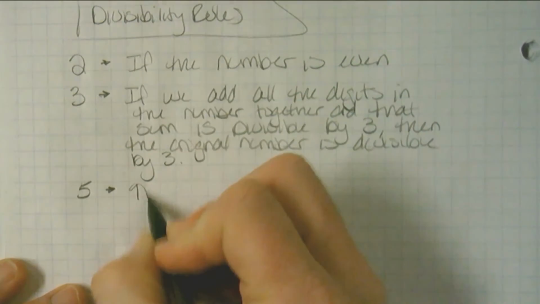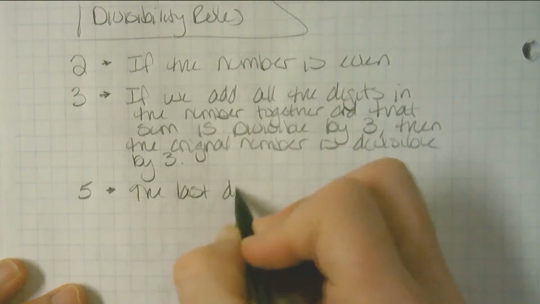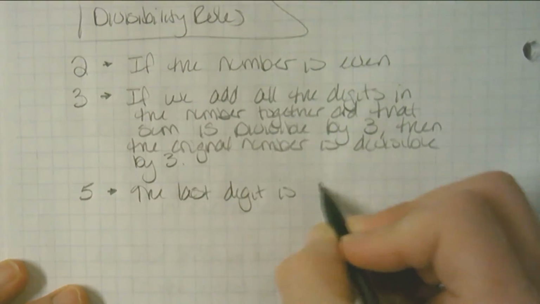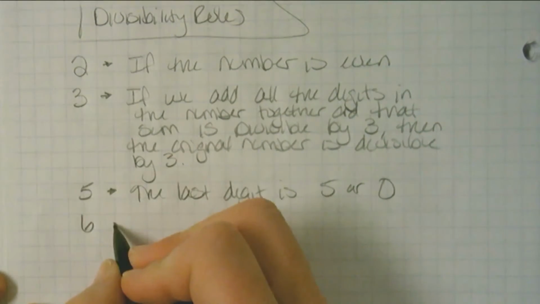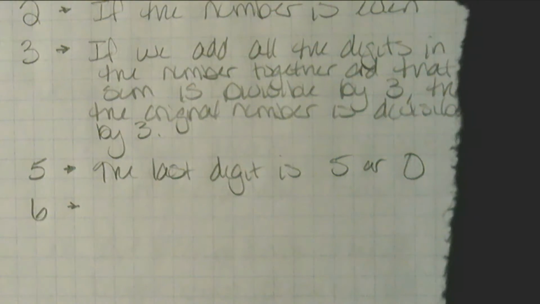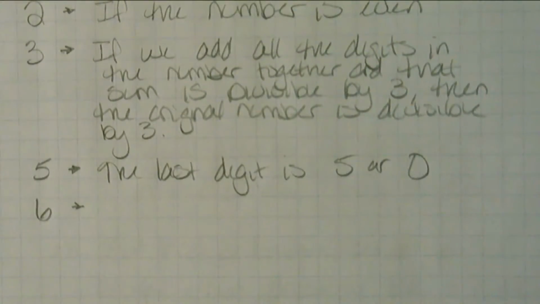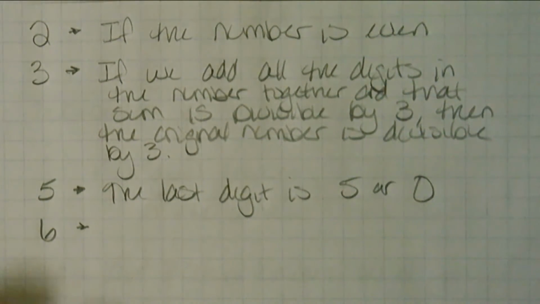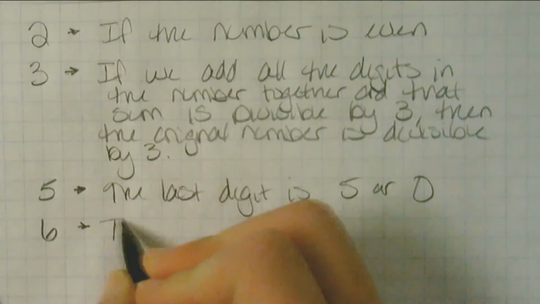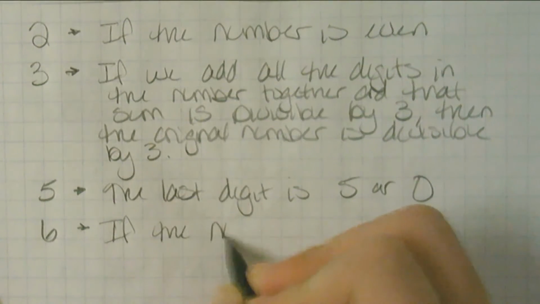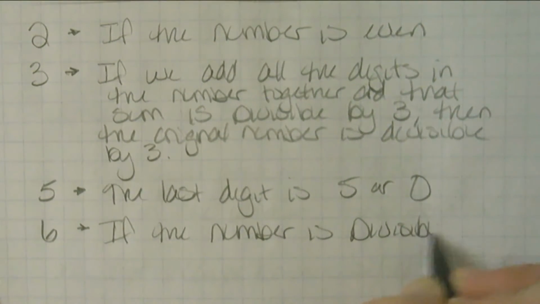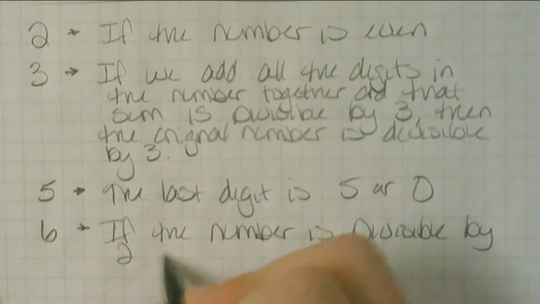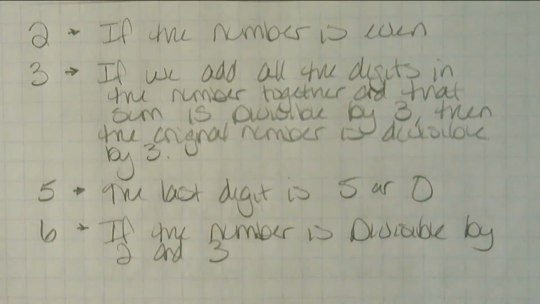Excellent. The last digit is 5 or 0. How about 6? Who remembers 6? Alex, remember it? Excellent, that's right. If the number is divisible by 2 and 3.